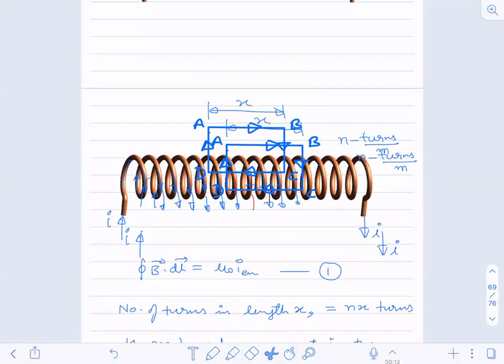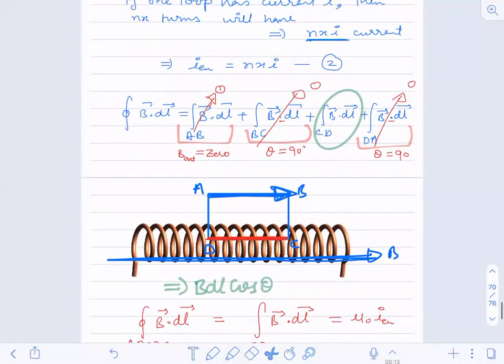If you change the ABCD loop, this is the only loop, na? ABCD is not a loop or what? ABCD is a loop only. What is a loop?